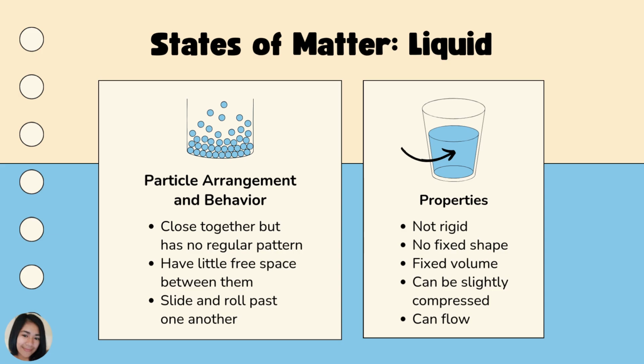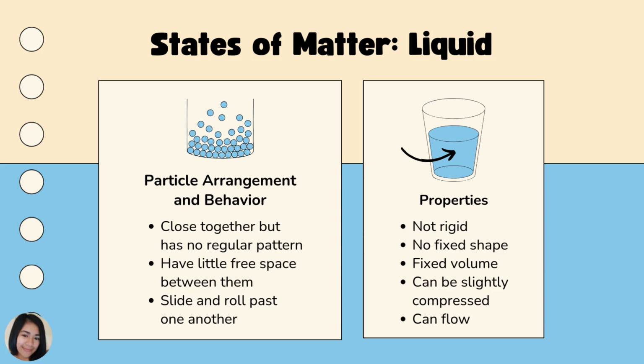Okay? And for the properties of liquid, sabi dyan, not rigid, no fixed shape. Tama naman, walang shape ang isang liquid. So like for example, yung river, wala kang makikitang shape because of their property na no fixed shape. And sabi dyan, fixed volume. Yes, tama. You can measure the volume of a liquid.